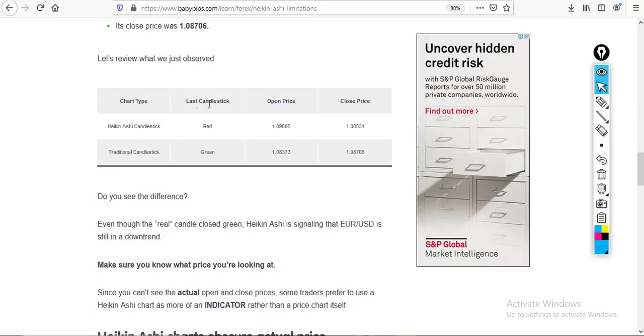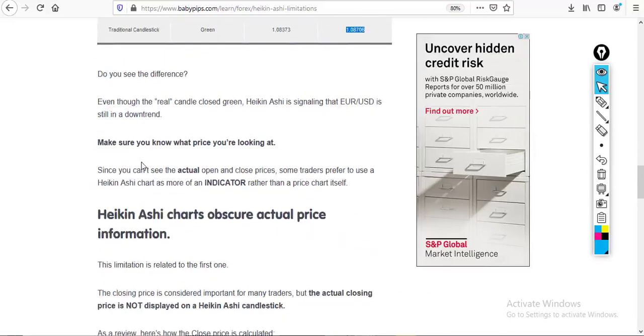So here's a review of the Heikin Ashi and the Japanese candlestick chart. The last candlestick was red for Heikin Ashi, while for the traditional Japanese candlestick it is green. The open price was this and the open price for the other is this, and this is the closing price for the traditional candlestick. So you'll notice the difference. It doesn't show the current price action.